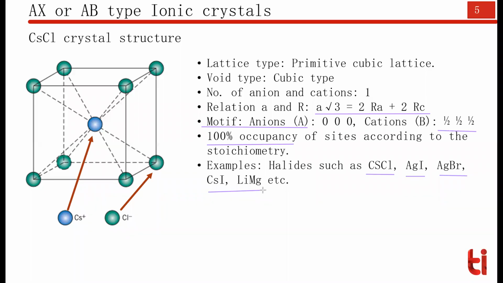So your Rc by Ra should be greater than 0.73, which is typically true for those materials where the anion and cation radius ratio is nearly similar.